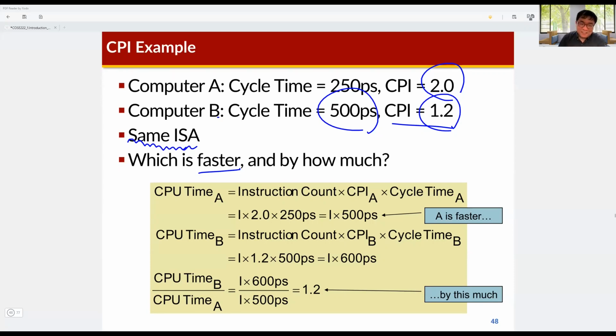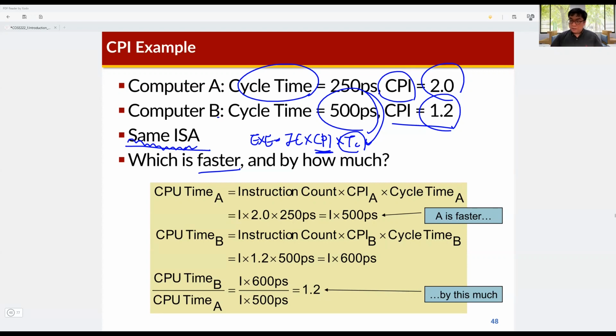It's actually easy. We can use the equation we learned in the previous slide, right? The execution time is IC multiplied by CPI multiplied by TC. The cycle time is TC, CPI is here, and same ISA.